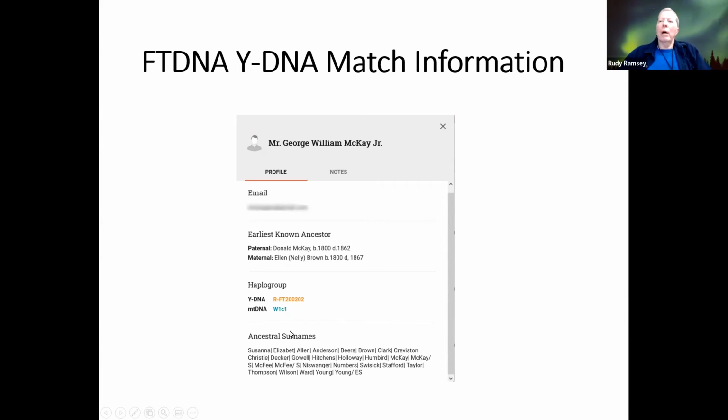And again, we'll talk about Y haplogroups, not the rest, and surnames. That's the collection of information that is easy to see directly within the web pages produced by the FTDNA site.